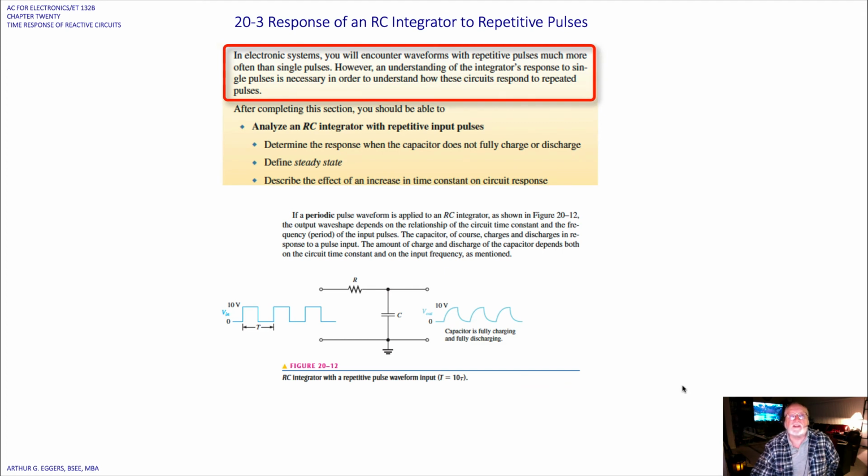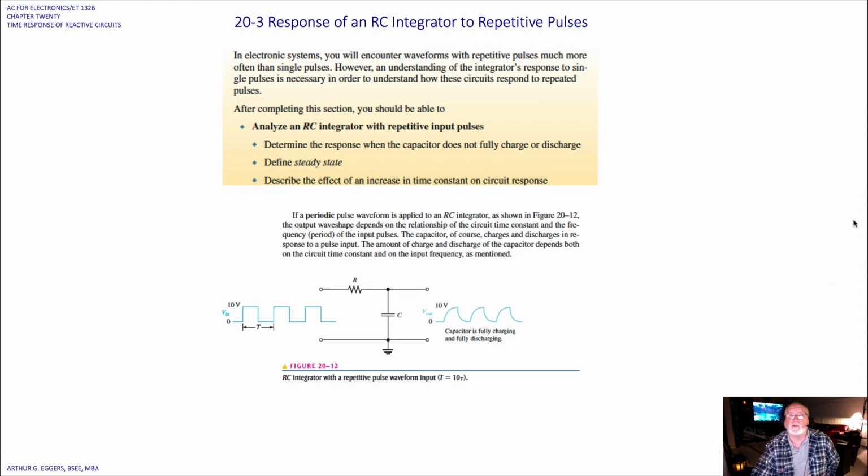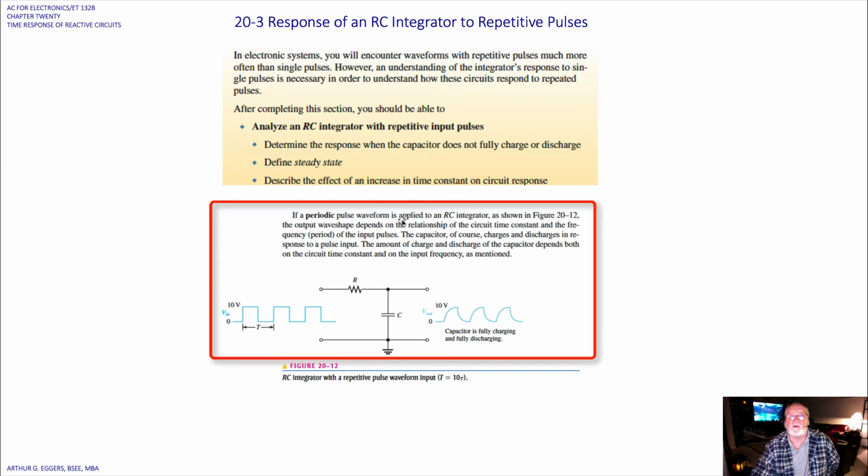In electronic systems, you'll encounter waveforms with repetitive pulses much more often than single pulses. However, an understanding of the integrator's response to single pulses is necessary in order to understand how these repetitive pulses respond. If a periodic pulse waveform is applied to an RC integrator, the output wave shape depends on the relationship of the circuit time constant and the period of the input pulses.